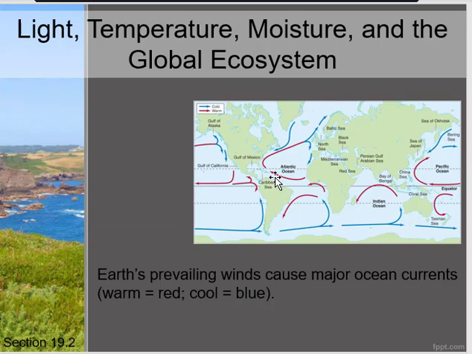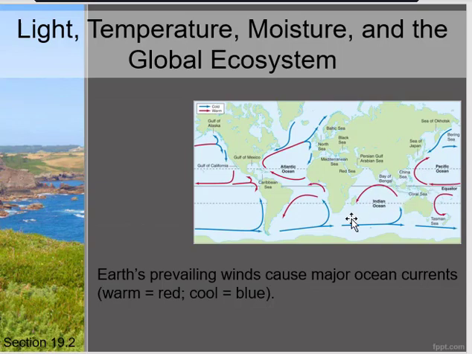When these currents get disrupted, then problems can occur, obviously. Notice along the east coast, we've got all this warm water, but on the west coast, we have cool water. Okay, if you've ever been to Los Angeles and went to the beach, you would recognize that.